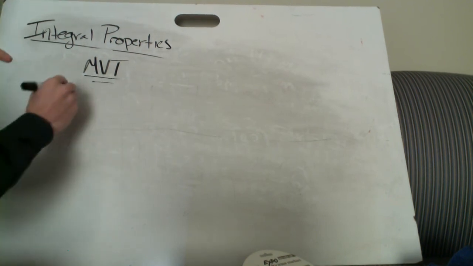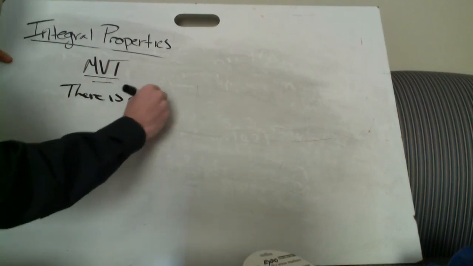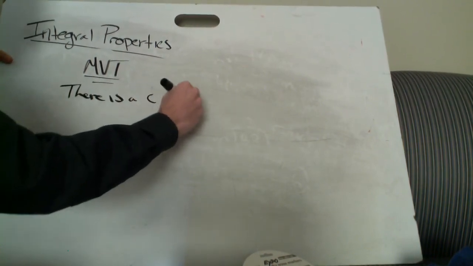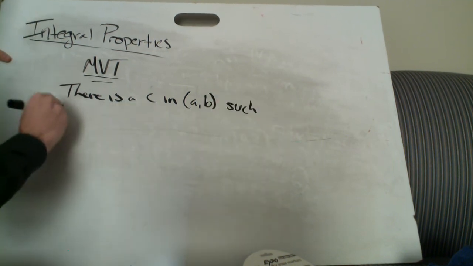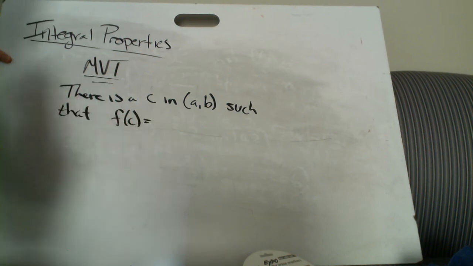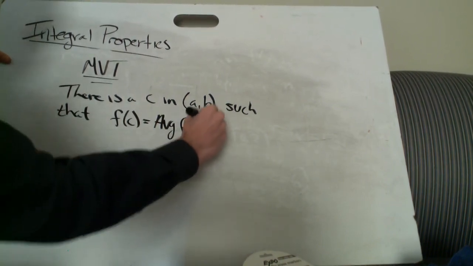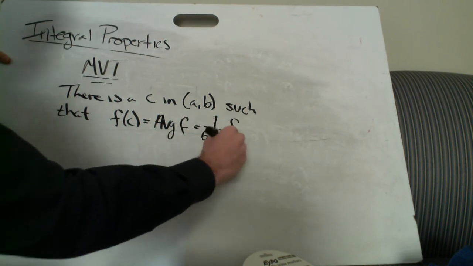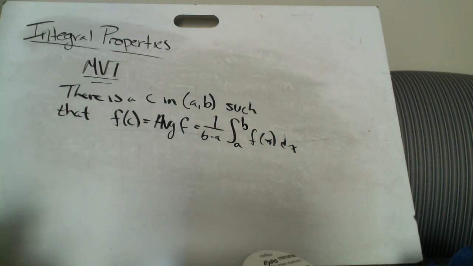There is a c in the interval a, b such that f of c is equal to the average value of f, which again is 1 over b minus a times the integral from a to b of f of x dx.